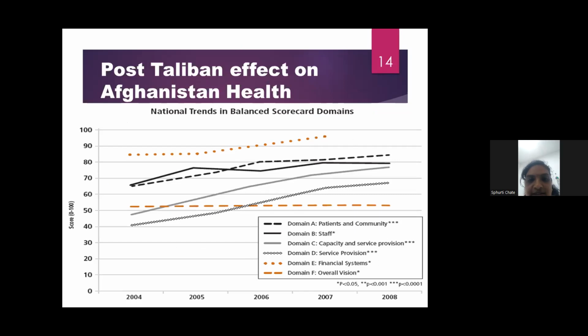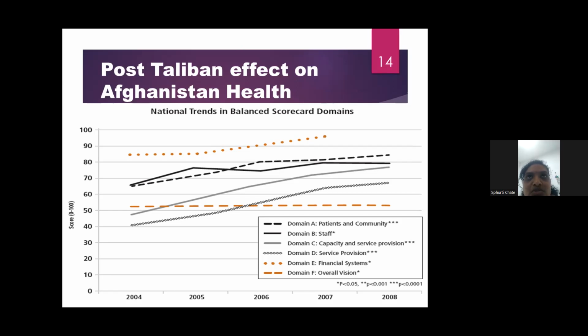Yes, next slide. So this is again another example. It's a very good example. In 2002, the Taliban and Afghanistan were not on good terms, and there was a lot of war and a lot of health-related issues in the population in those areas.